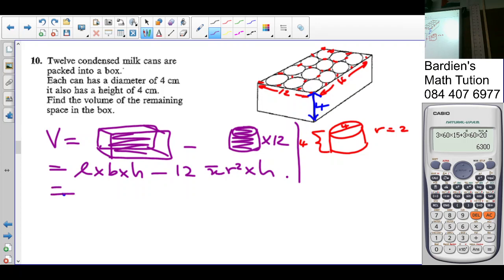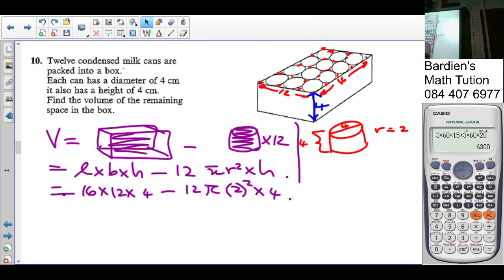So what is the length of this box? 16 times breadth, 12 times height, 4, minus 12 pi. What's your radius? 2 squared times height, which is?